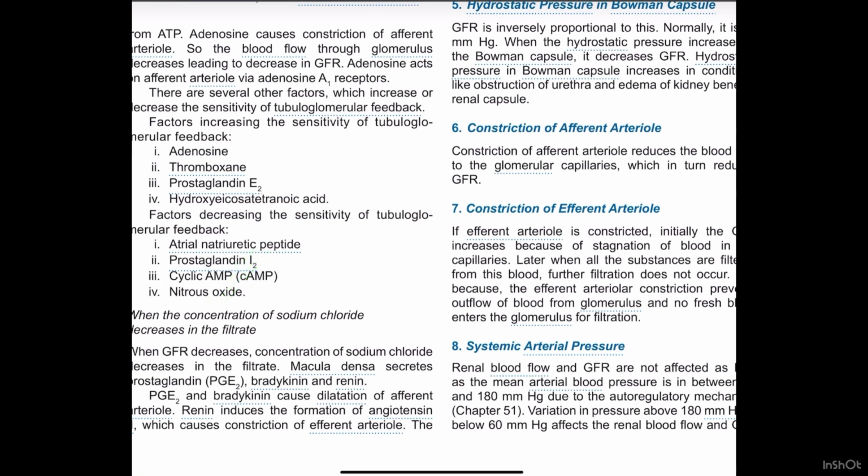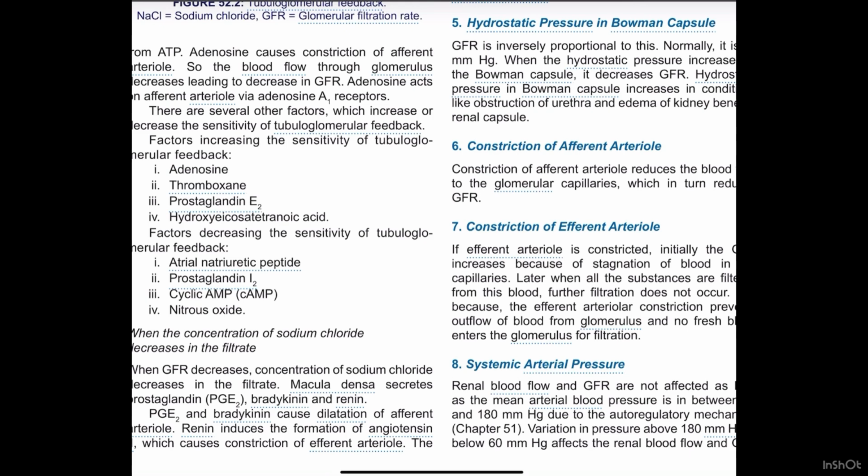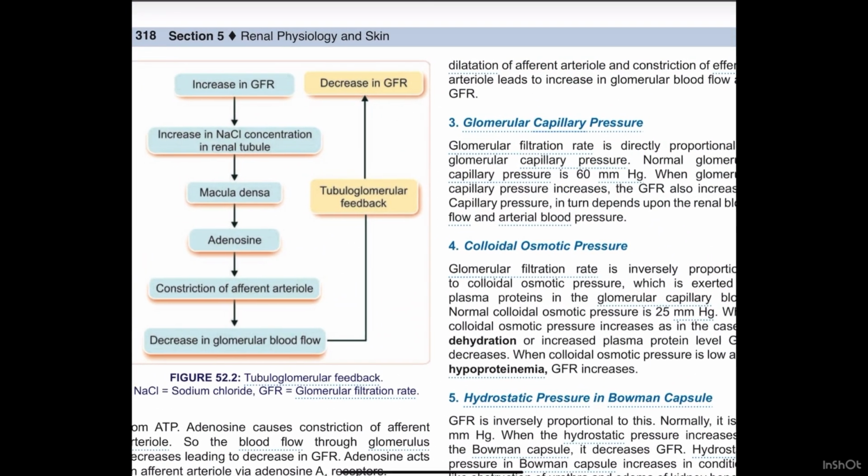These factors decrease the sensitivity of tubular glomerular feedback. These factors increase it: adenosine, which is released from the ATP, thromboxane, and prostaglandin E2, hydroxyeicosatetraenoic acid. Then the GFR is going to be decreased.